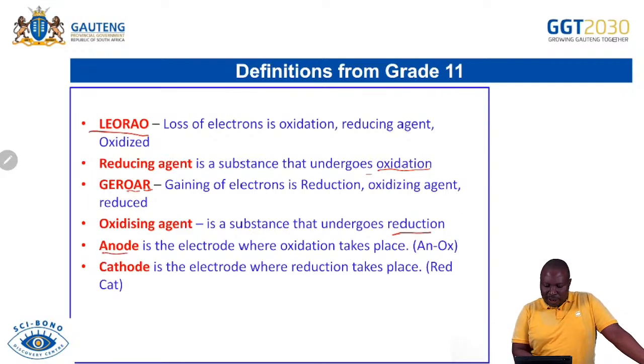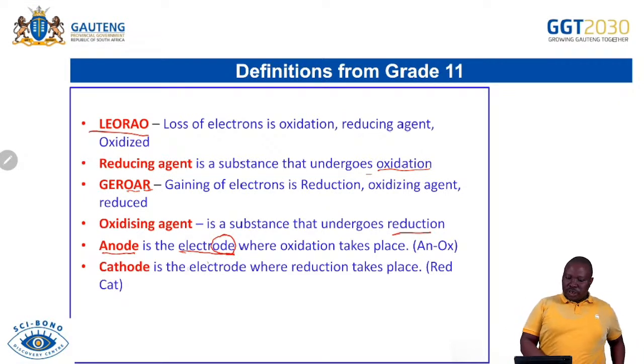I told you about what an anode is. We said ode there is from the word electrode. You can see we have used the suffix ode, from anode. So you must know that always you will start by saying an anode is an electrode. A cathode is an electrode. What is happening at the anode is where oxidation takes place. A shortcut is to say An Ox.